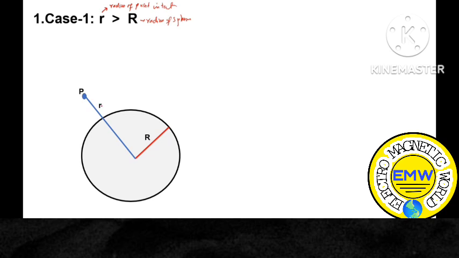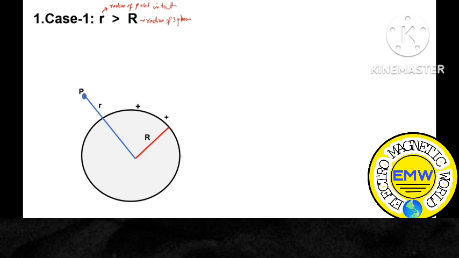To use Gauss's law, we need to determine the electrical field intensity. This is the formula for Gauss's law. If you recall, the closed surface integral of E dot ds is equal to the total charge enclosed divided by epsilon naught. First I need to draw the Gaussian surface.